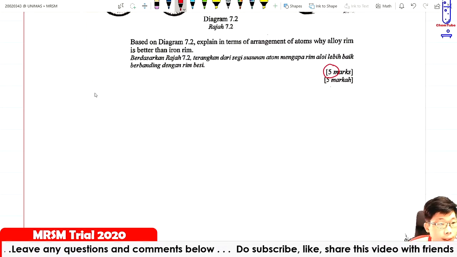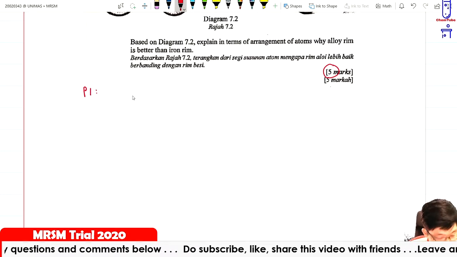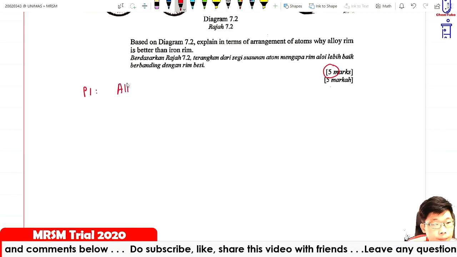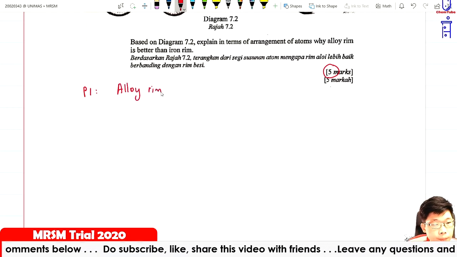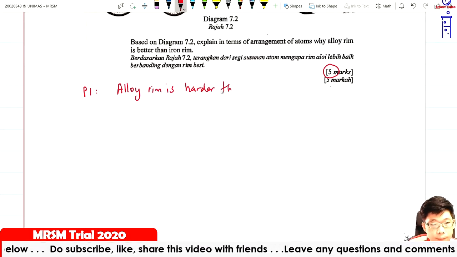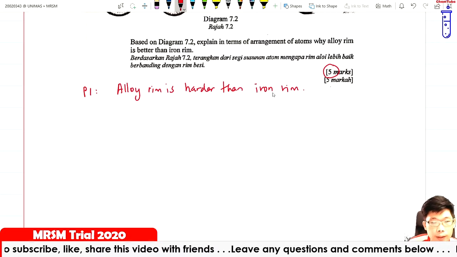Okay, so we can write point number 1: the alloy rim is harder than the iron rim. Okay, this is the first point.